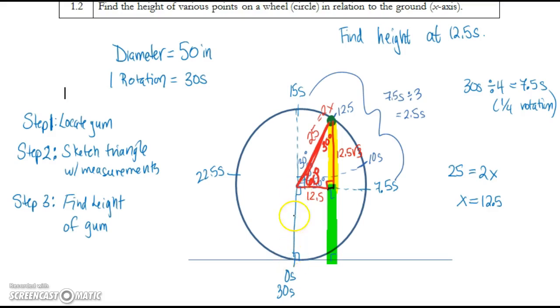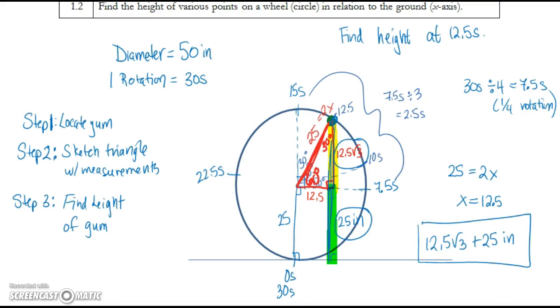And so the radius of our circle is 25 inches, and the opposite side of a rectangle is also 25 inches. And so the total height from the gum to the ground here is going to be the yellow piece plus the green piece. And so that's 12.5 root 3 plus 25 inches.